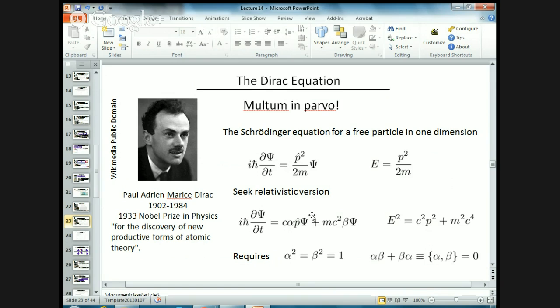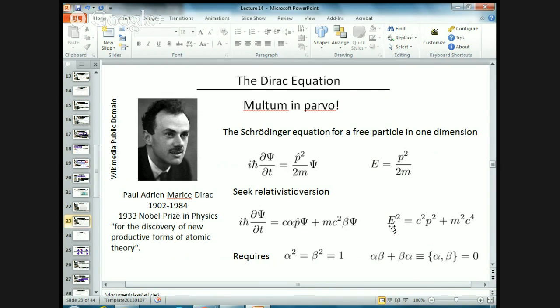So what do we have for a free particle? Well, we've got the momentum, we've got the mass, the speed of light, like E equals mc squared. And so Dirac said, let's try to find an equation of this form, so it's first order in time and in space.